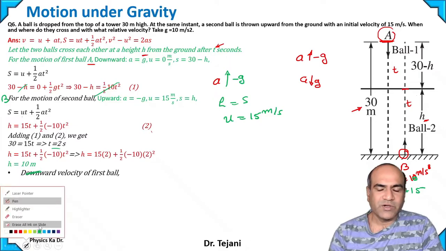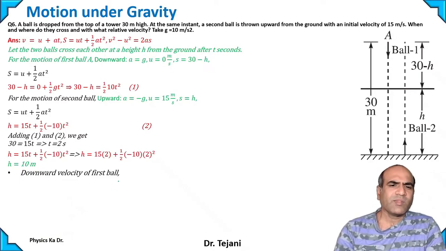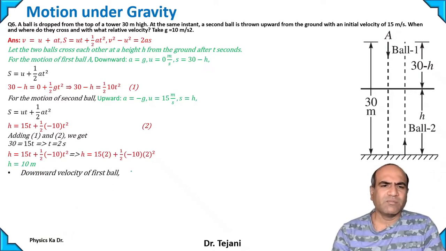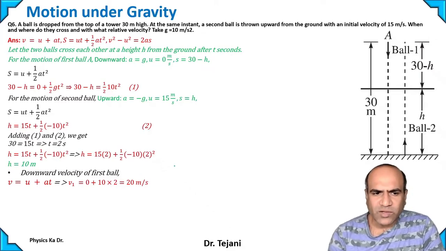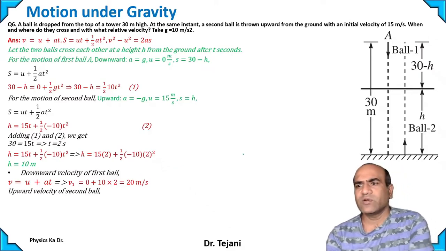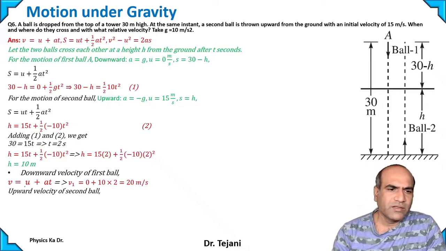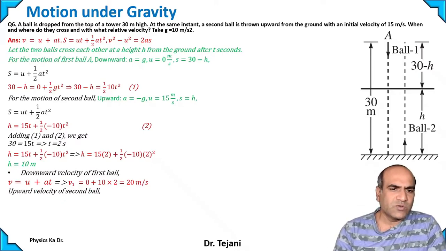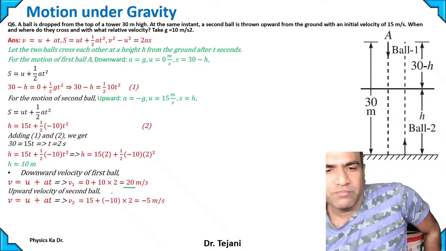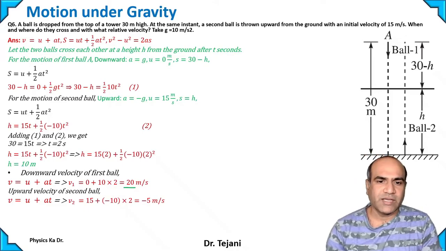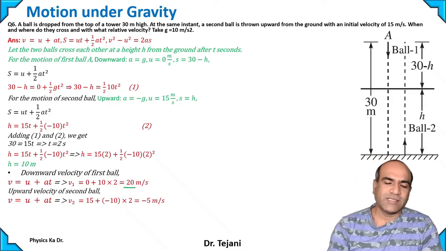So when we talk about relative velocity, let us first find the velocity of ball 1, v is equal to u plus at, so it is 20 meter per second, and the velocity of ball 2, v2, is equal to minus 5 meter per second.